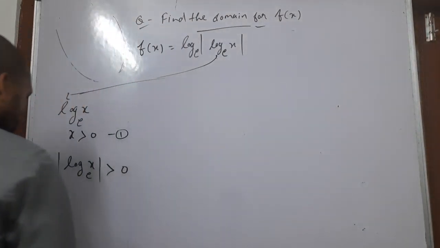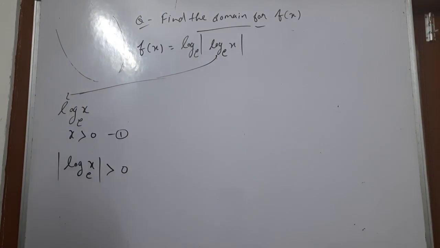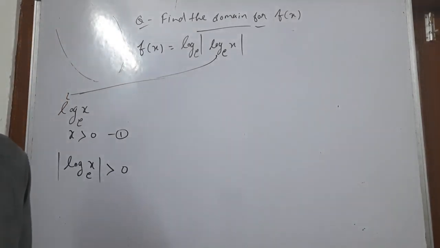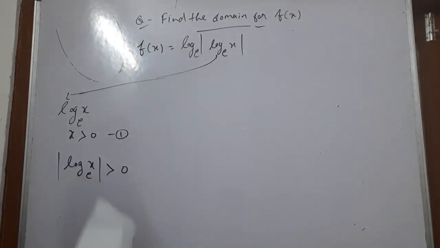We know that modulus is always greater or equal to 0, which means its value can be 0. So we have to take only greater than 0, and we should remove the value where modulus of log x is 0.